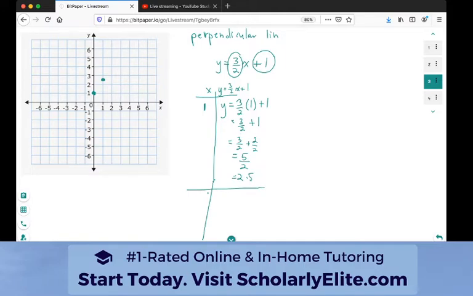Let's plug in negative 1 as well, because we always want to plug in 3 points to make sure that our line is actually going to make sense, because just with 2 points it's not enough to tell us whether or not this is going to be drawn correctly. So let's say I do 3 over 2 times negative 1 plus 1, then that's going to be negative 3 over 2 plus 1, and we can just bring this up here, equals negative 3 over 2 plus 2 over 2, which is going to be negative a half.